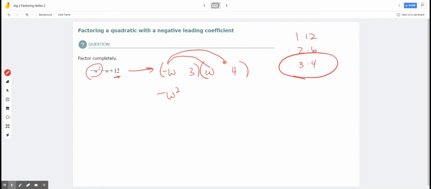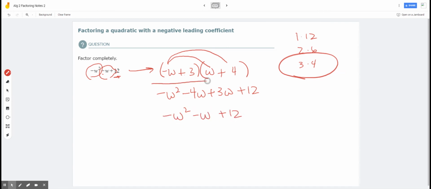Wait. Okay, so wait, oh yes, this has to be positive 4 to get a negative 4, because I want 4 to be negative and I want 3 to be positive, because that's the only way I get the negative 1, right? This has to add to negative 1 and positive 12. It worked. Negative w squared minus w plus 12.